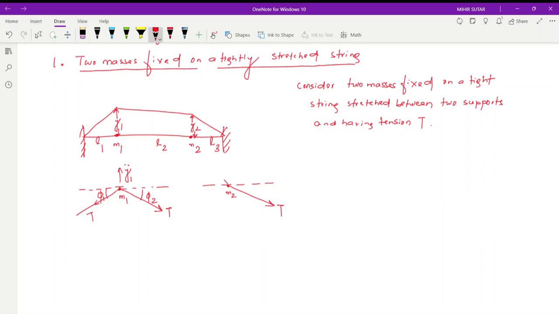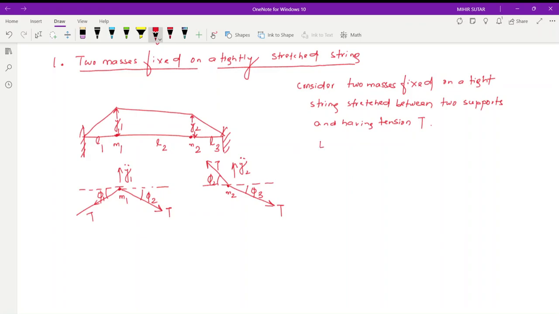Okay. This one is also tension T, and this angle will be same as phi 2, and this angle will be phi 3. The direction of acceleration in this case will be y2 double dot. Okay.